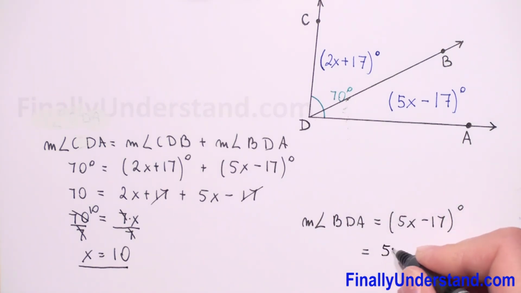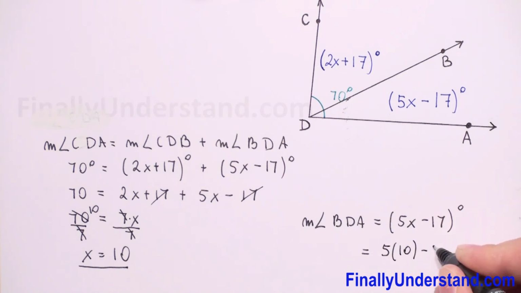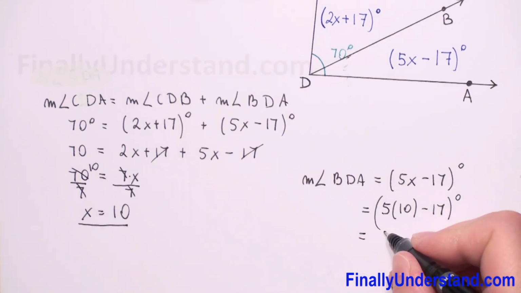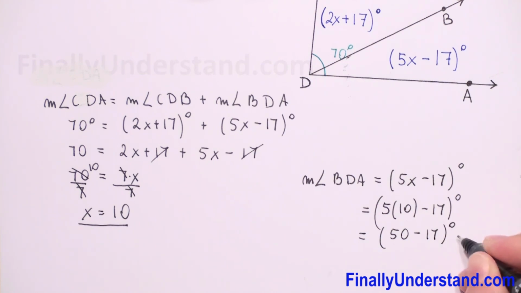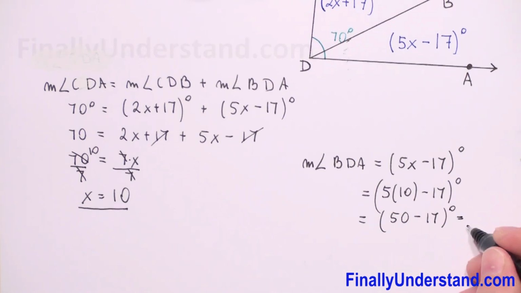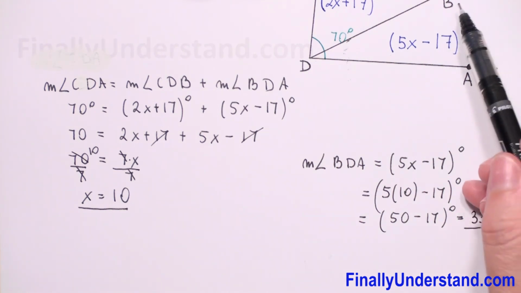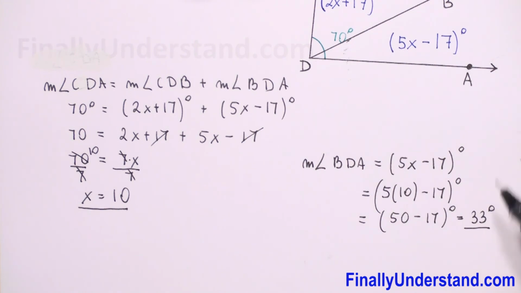So we have 5 times 10 minus 17 degrees. So this is equal to 50 minus 17, which is 33 degrees. So we found that our angle BDA has 33 degrees. This is my solution.